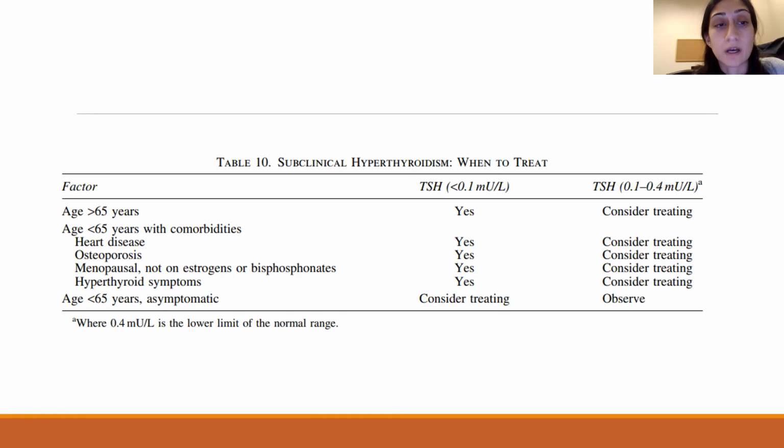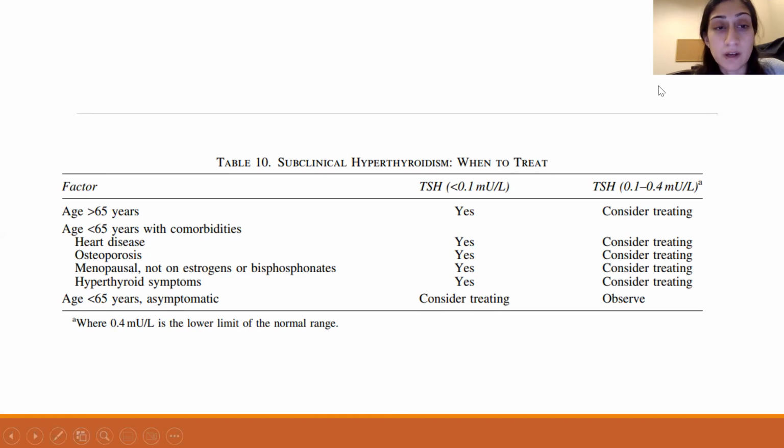If they're greater than 65 years of age and they have a completely suppressed TSH, you do want to treat. If they have a TSH that's low but not completely suppressed, 0.1 to 0.4, you can consider treating.